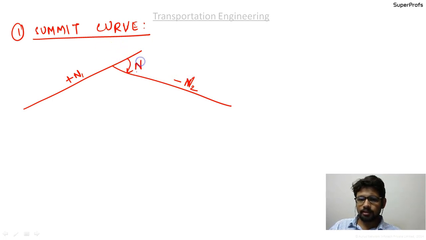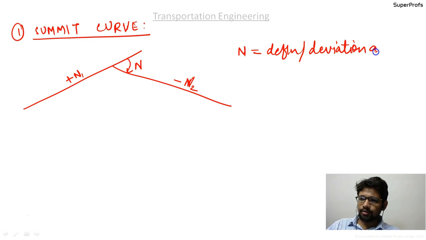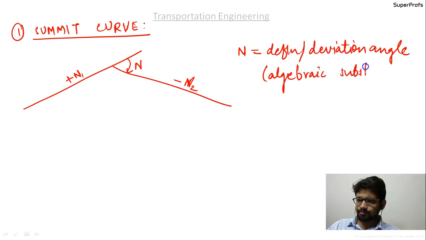Capital N is the change in n value, where capital N is equal to the deflection angle, deviation angle, which is simply an algebraic subtraction.